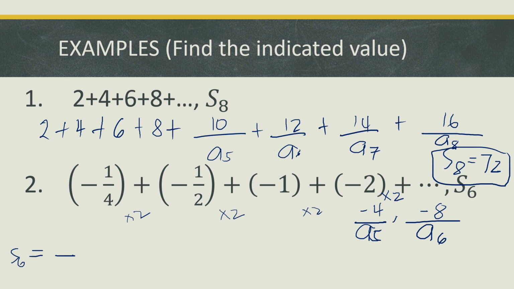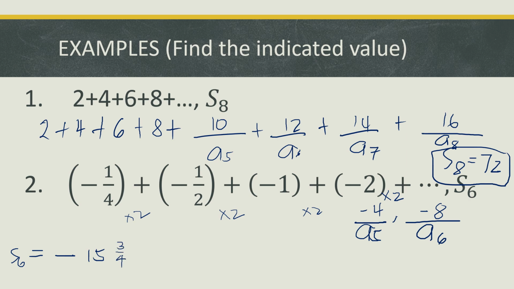Plus 2 is 14. Plus 1 is 15. And if we add this 1/4 and 1/2, that will give us 3/4. So basically, we have negative 15 and 3/4.